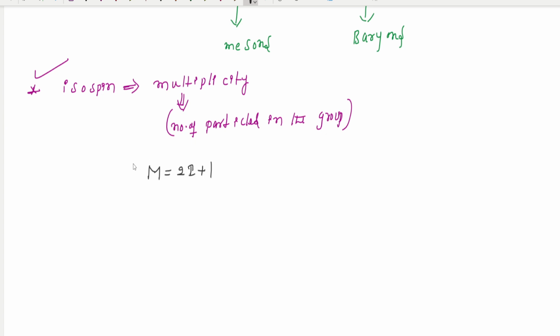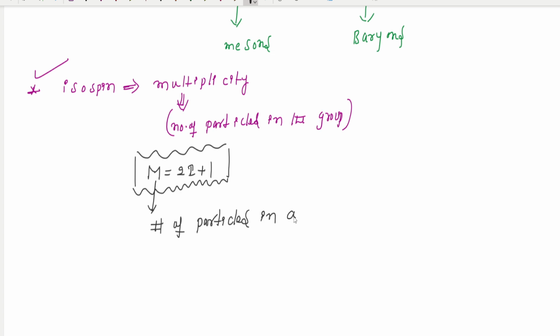You just remember the formula. Here m stands for the multiplicity of the group, I is the isospin. The m means the number of particles in a group.